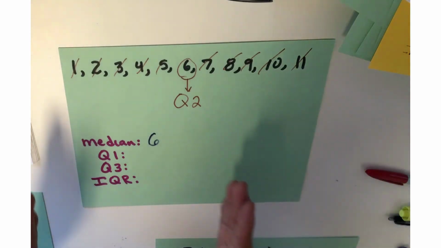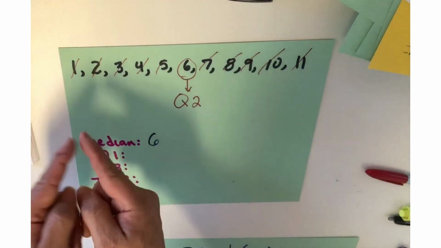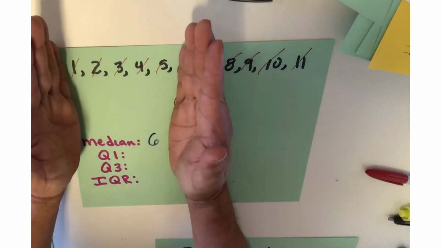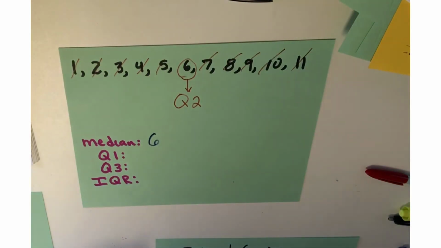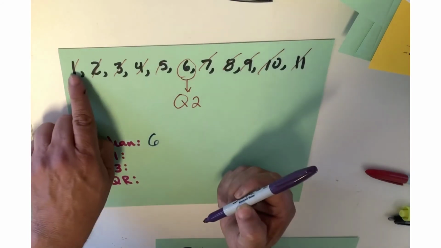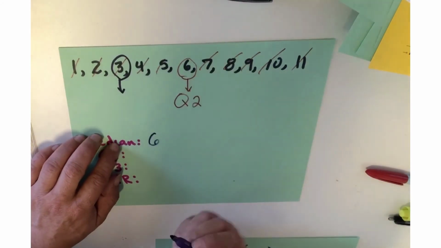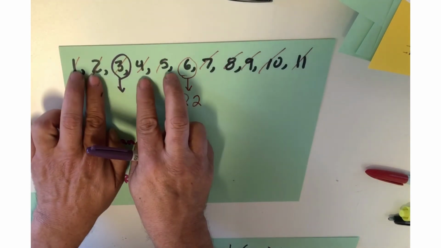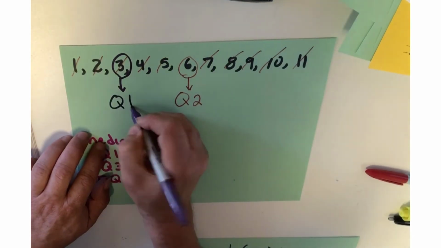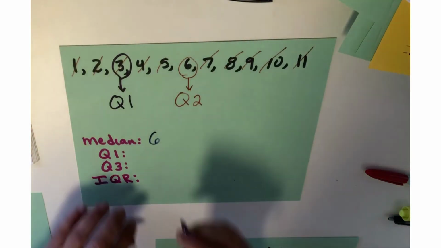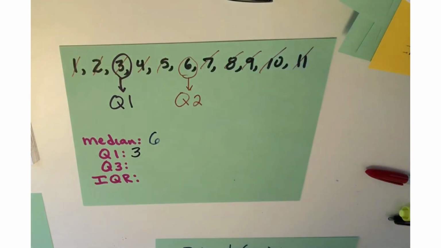Now, to find Q1, find the median of the lower piece of data. You just find out which one is right smack in the middle. If you look at these pieces here, you'll find that your middle piece is 3 because you have 2 on the right and 2 on the left. That is known as quartile 1. That is 3.